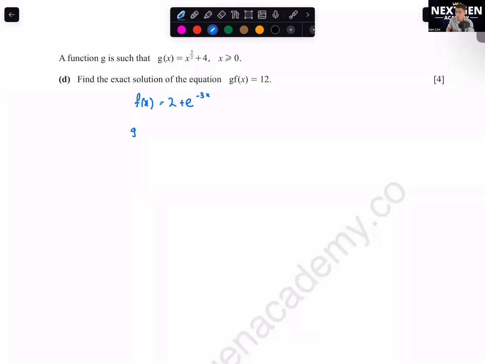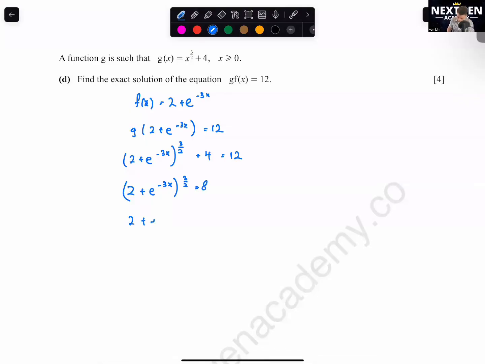This is a composite function. g of 2 plus e to the power of negative 3x equals 12. We replace the x with this, so this one will become (2 plus e to the power of negative 3x) to the power of 3 over 2, plus 4, equals 12. Let's solve this. The power 3 over 2 term will be 12 minus 4, which is 8.